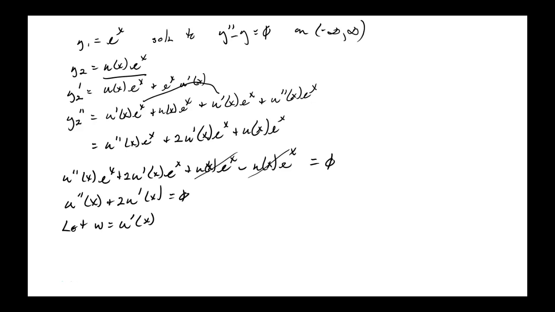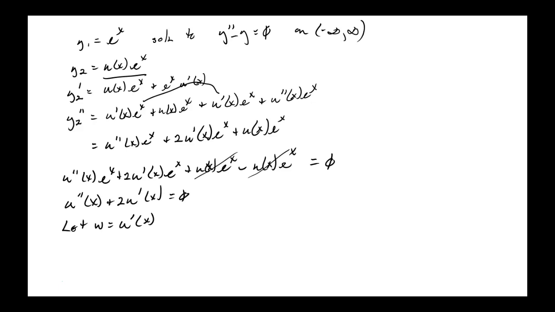Well, if it's a solution, it has to satisfy that, doesn't it? So we need to find what y prime is, and you did that correctly, and then the y double prime. You could combine these two terms and get that. So this is your y2 double prime. We're going to put in here this plus 2 of these plus that one, then minus your y2, which is u of x e to the x.